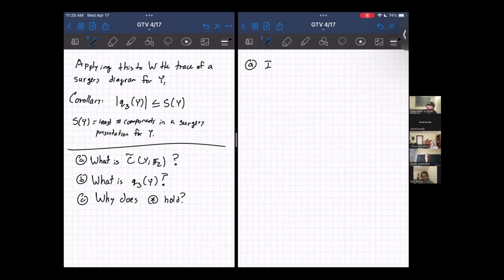To start a little earlier, if I have an F2 homology sphere, we can partition the set of conjugacy classes of flat connections into those of three different types.